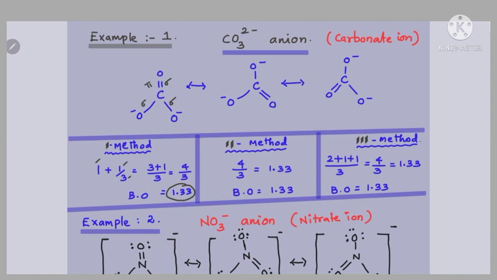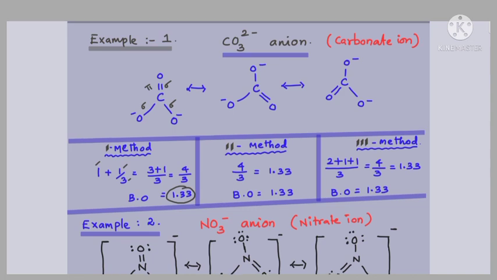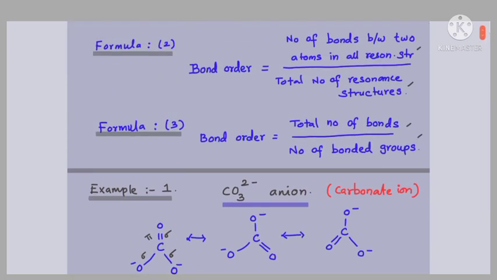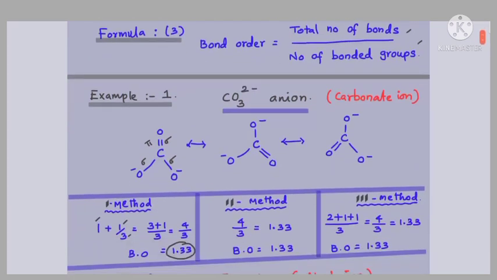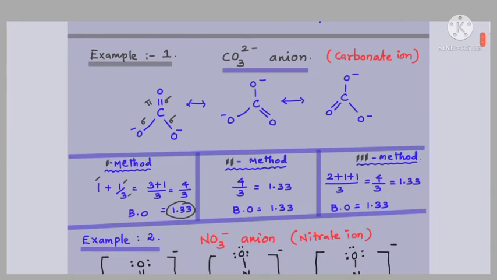Whereas in the second method, the formula is the number of bonds between two atoms in all resonance structures divided by the total number of resonance structures. There are 3 resonance structures for carbonate anion, isn't it? Now you have to consider similar positions, just like this.